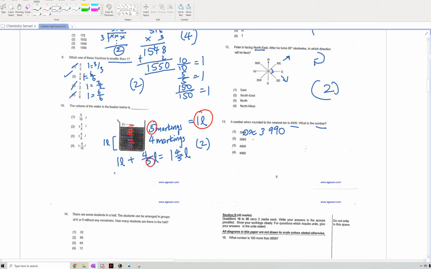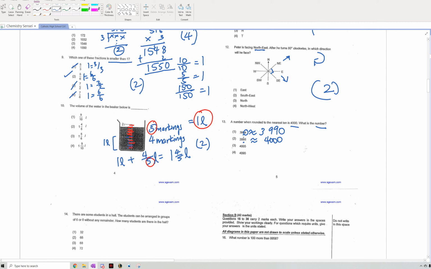Next, for option 2, we have 3998. When rounded to the nearest 10, we will get the number 4000. Why? As 8 is greater than 5, we round up.